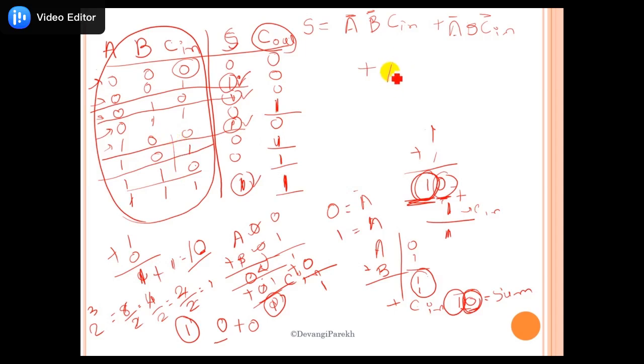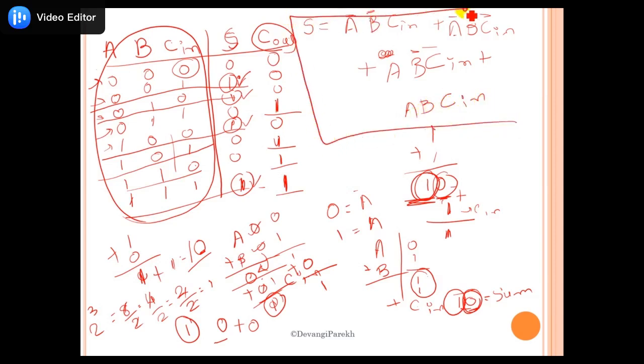So we have to write A, B bar and C in bar. Our fourth condition is the last one. All of these three inputs are 1, 1, 1. So we are going to write A, B, C in. So here is the Boolean expression for sum.